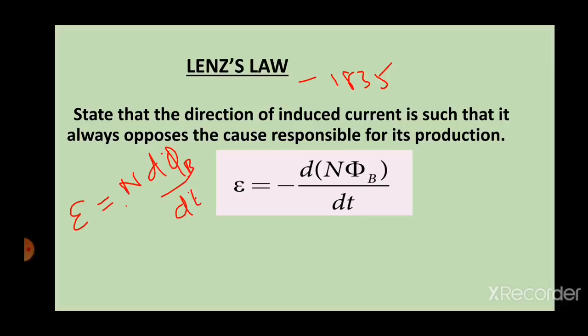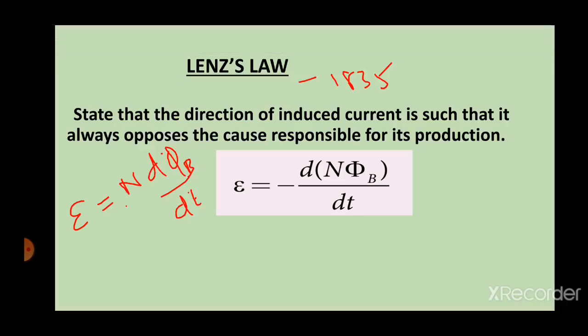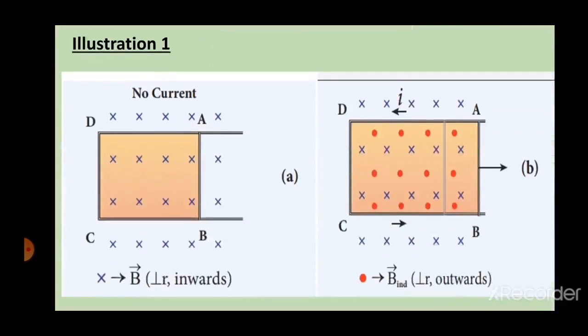To understand Lenz's law, let us consider two illustrations in which we find the direction of induced current in a circuit. First illustration: consider a uniform magnetic field with the field lines perpendicular to the plane of the paper.